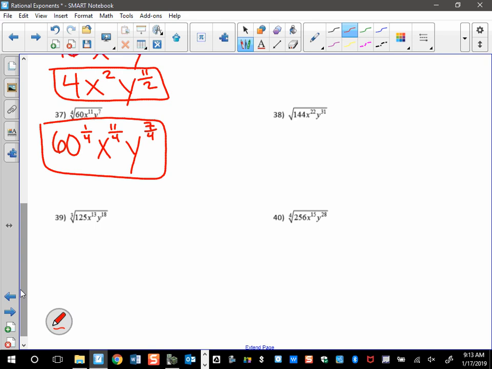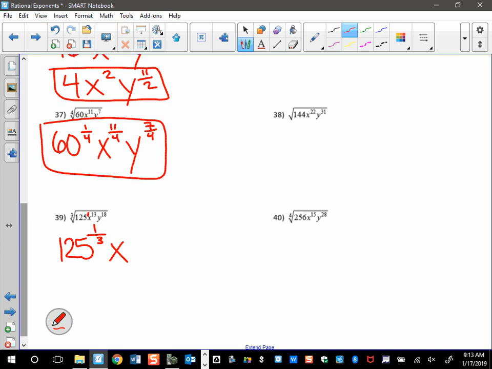So 125, what's the exponent? 3 is going to be my groups. How many of the 125s do I have? You can leave them.